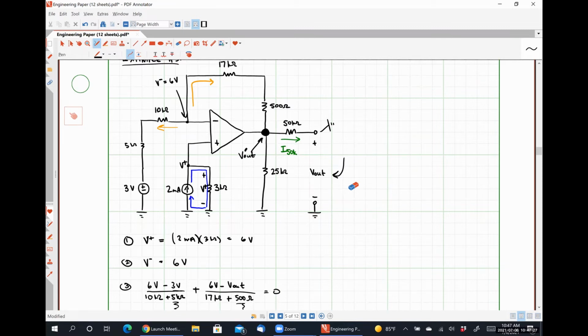So let me ask you a slightly different question. How much current can flow through an open circuit? Unlimited. An unlimited amount. All right.